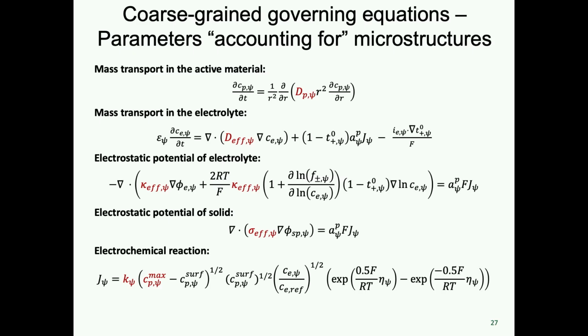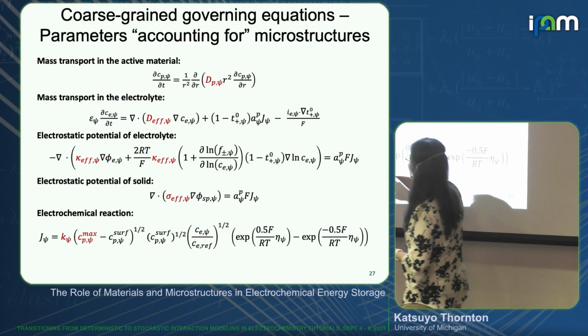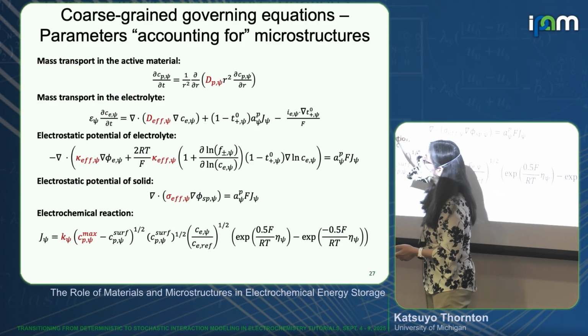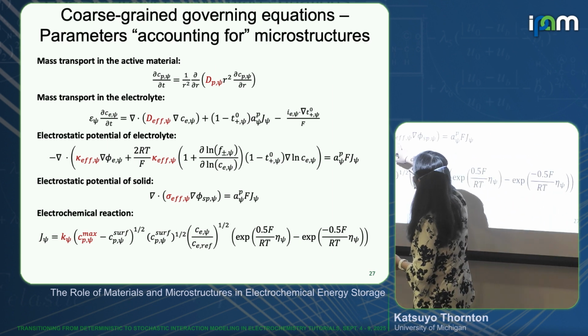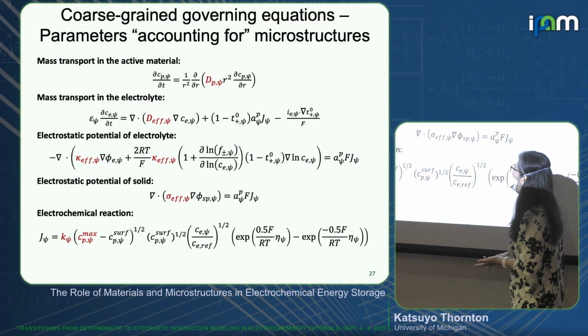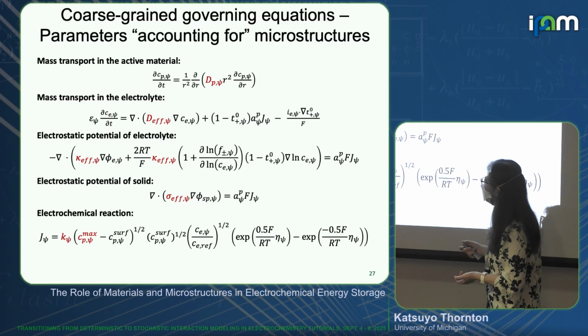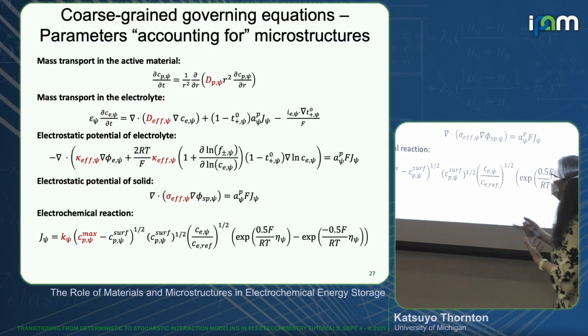The current continuity also needs to include the fact that the entire material in the electrode is electrically conducting, so you have an effective conductivity of the solid, and then you have the electrochemical reaction equation.